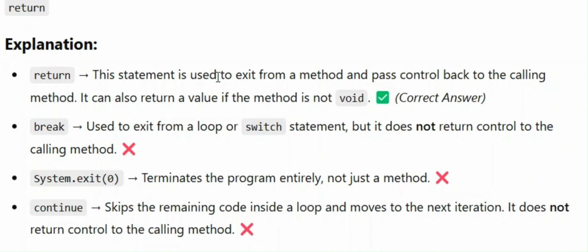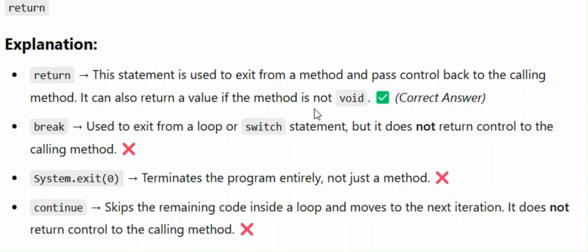Return statement: this statement is used to exit from a method and pass control back to the calling method. It can also return a value if the method is not void. If the method is not void, the return statement is return p, return a, or return a variable name.